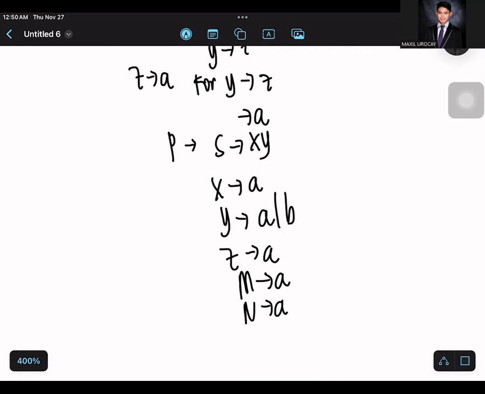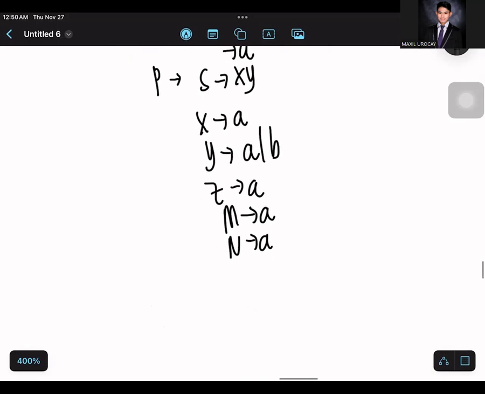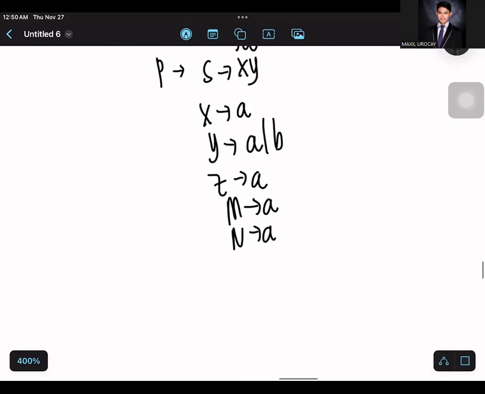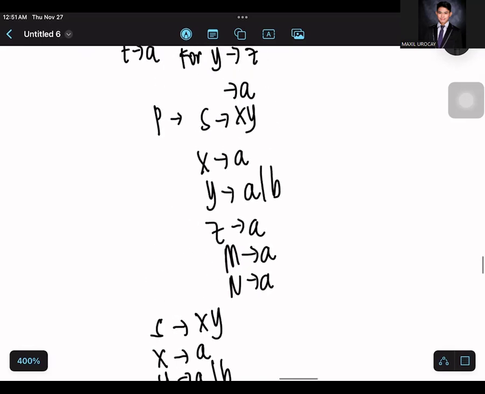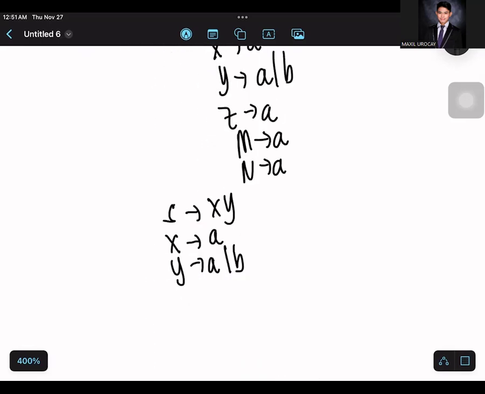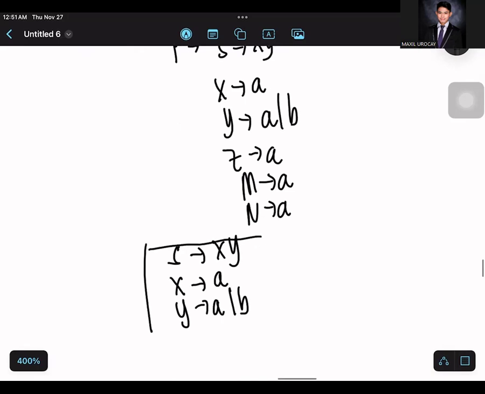What can we do right now? We will also remove the unreachable ones. What is unreachable? For example, from your start state you have X and Y, so the reachable is only X to a and Y to a and b. Therefore, we cannot access Z, neither M, nor N, so our answer will be this one.